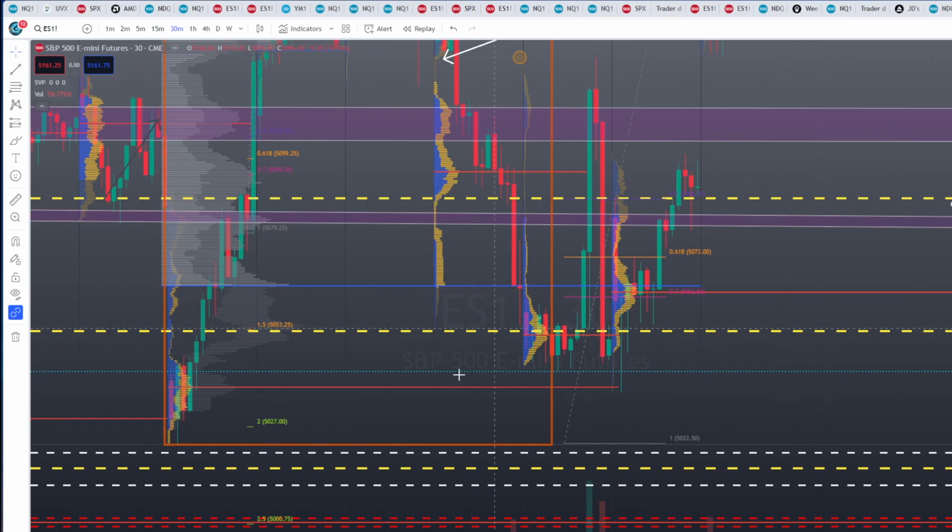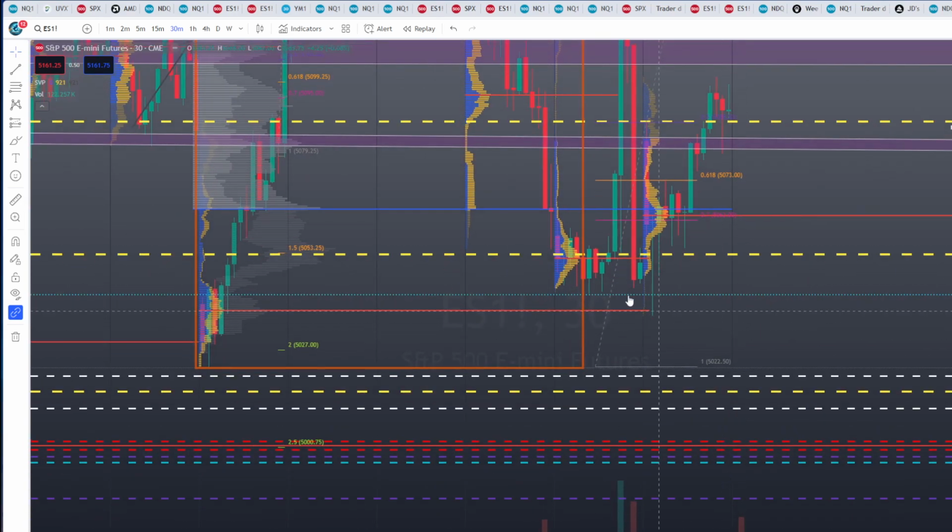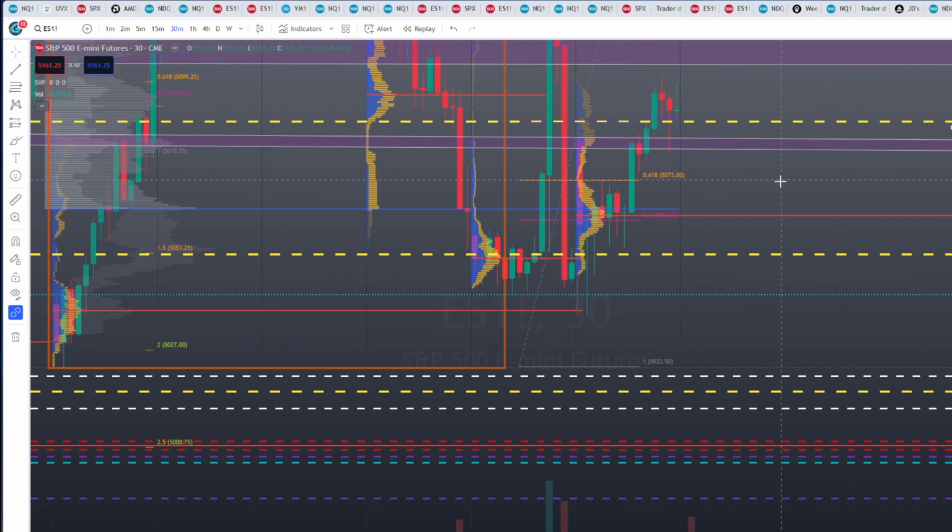Number two: if you notice the reason why we never got to the bottom of this area here at 5022, and we stopped at the 37, it was because of this naked POC that was here. I was personally waiting for the bottom of the zone here at 5015 to take a long position, but it never got down to here, though I did still manage to get the 37.